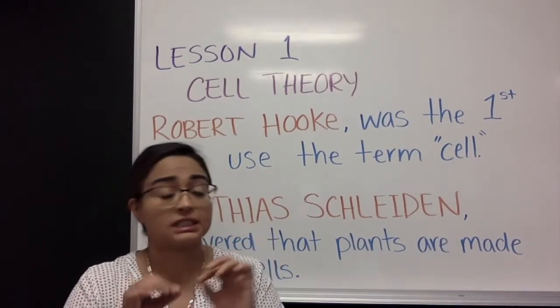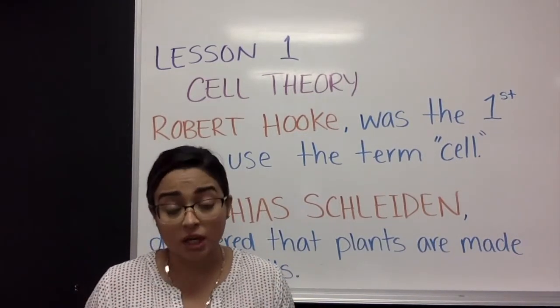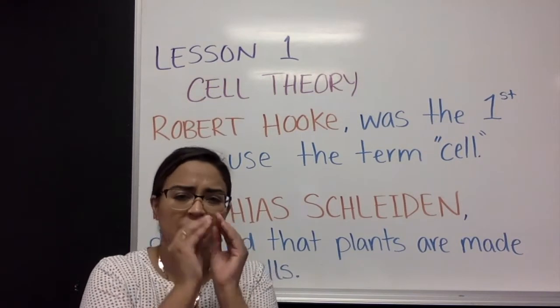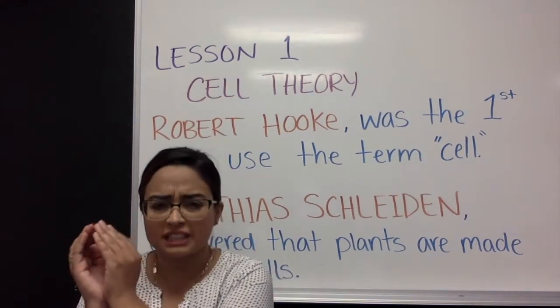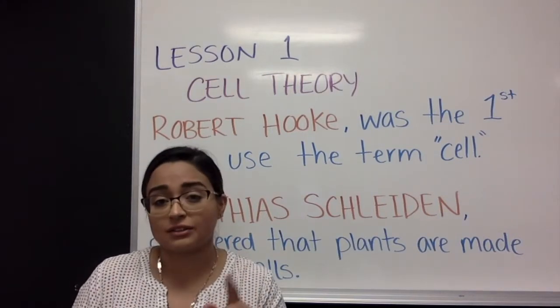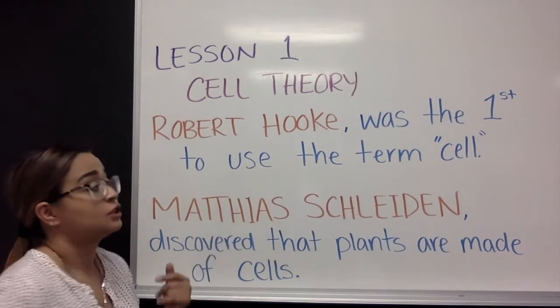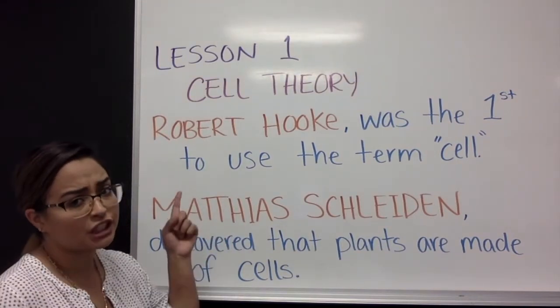Took one of those pieces, put it under a microscope, and observed it. What he saw was that it was sectioned off into little walled sections. He decided to call these sections cells. So Robert Hooke is known as the first person to use the term cells. Make sure you add that in your notes.